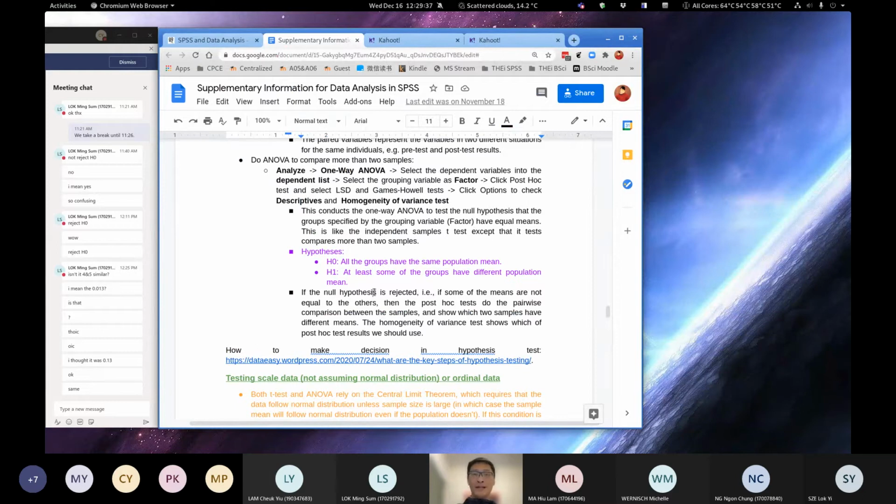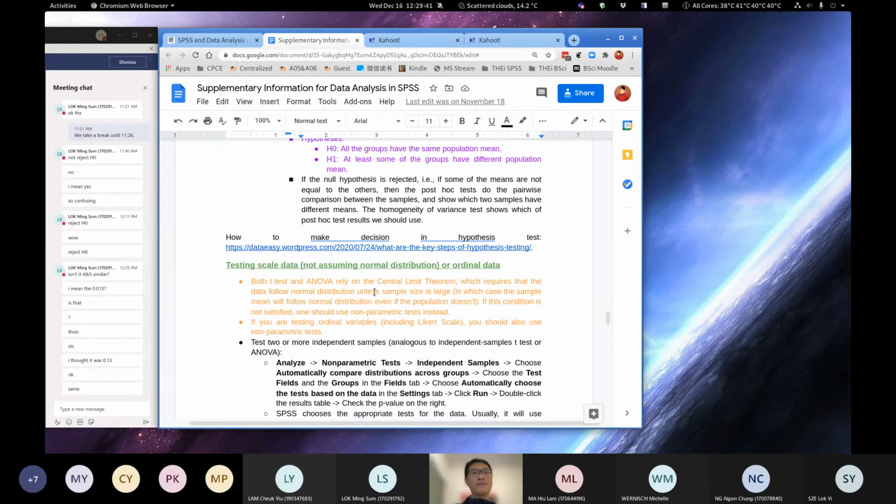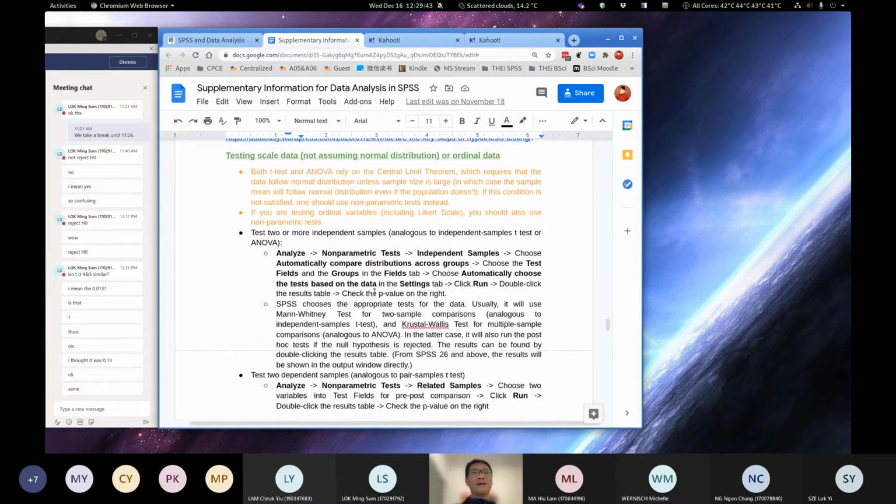Now, enough for the t-test and ANOVA. Next, we consider some other cases. What if the data are not normally distributed? Or what if the data are ordinal?